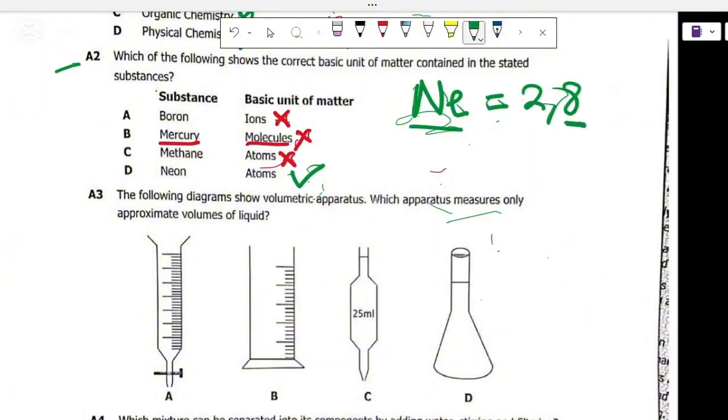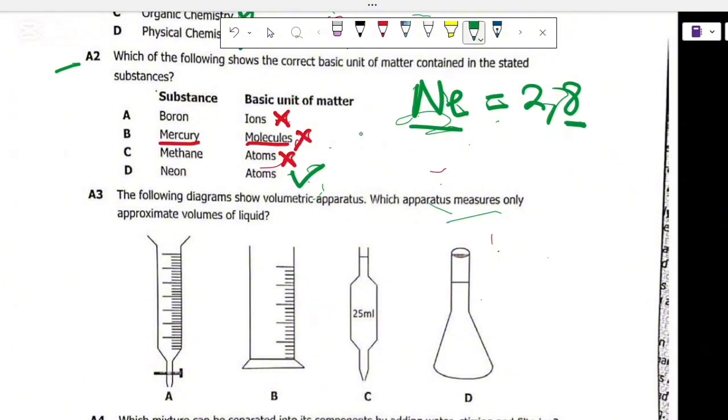When you have 8 electrons like that, what are you going to do? Are you going to add or subtract electrons? No, because it is already stable. When it is stable like that, it doesn't need to lose or accept electrons. So because this is an atom, that is the answer choice that you're going to go for. Keep in mind those points which we've discussed, because later on I'm going to give you some questions to go through, especially when it comes to atomic structure and how to write the electronic configuration.